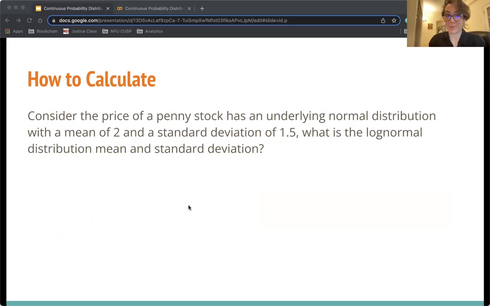Let's think of this example where you have penny stocks with an underlying normal distribution. They have a mean value of $2 and a standard deviation of $1.5. What is the log normal distribution mean and standard deviation for the value of this penny stock?